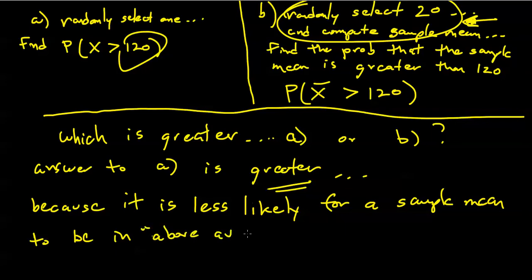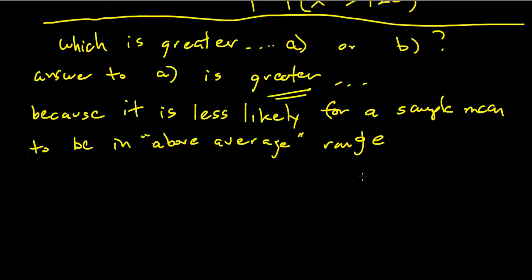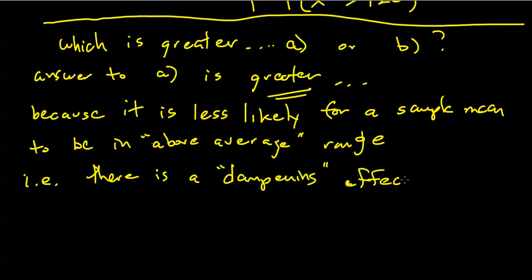I'll put that in quotes. And certainly having an IQ score of greater than 120 is significantly above average. Let me summarize that, maybe using some other words. In other words, there is what I call a dampening effect in a group.